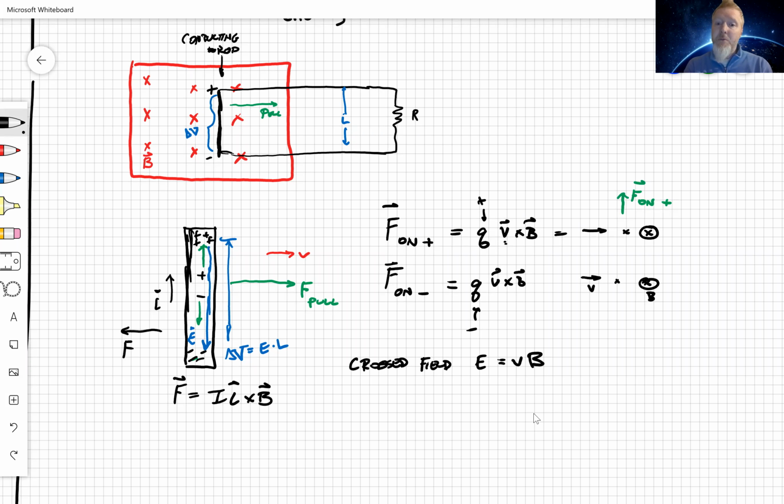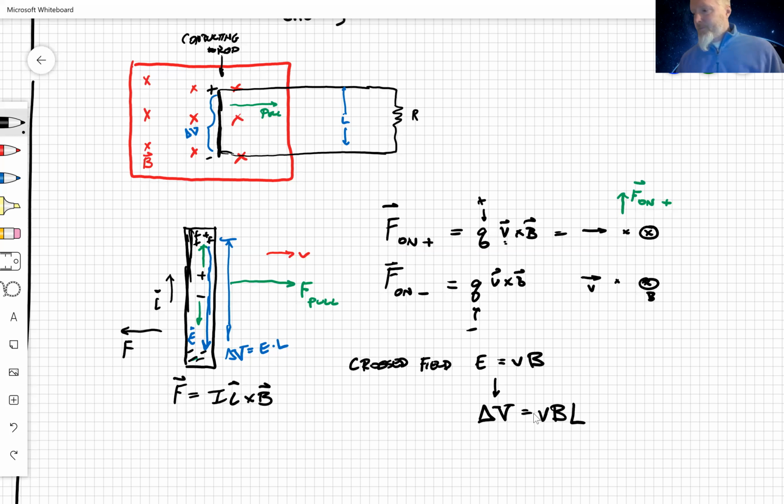When those two are balanced, we get QE equals QvB, and then we can cross off the Q's. So I can write the voltage as vBL instead of EL. Capital V is the potential difference in the rod, and little v is the velocity of the rod, which is why I use this notation.